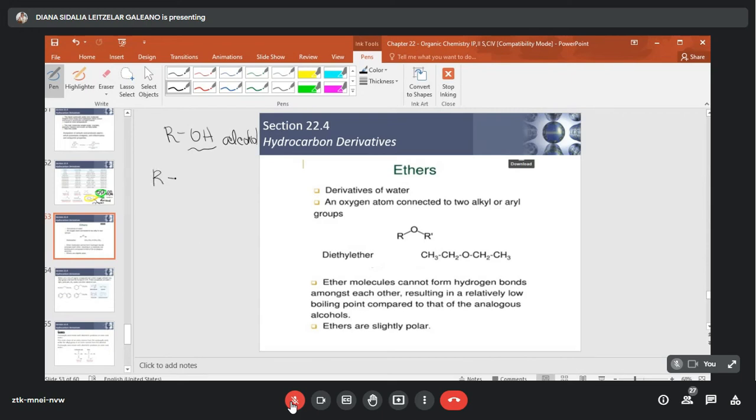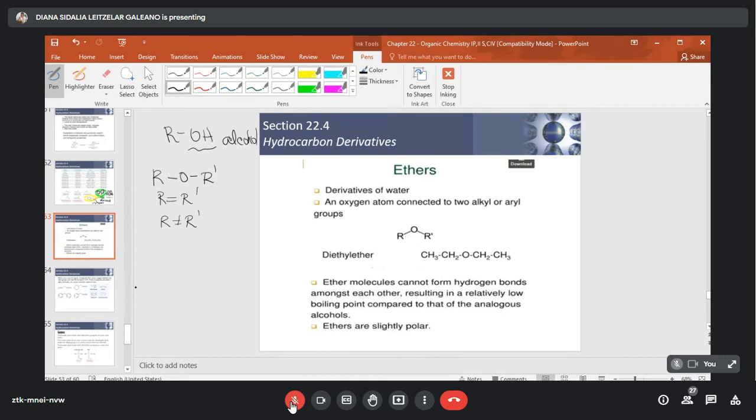You have a carbon chain, the O, and no OH. So it means that instead of a carbonyl group, you will have a simple O in the middle of the molecule. These alkyl groups can be equal or different.